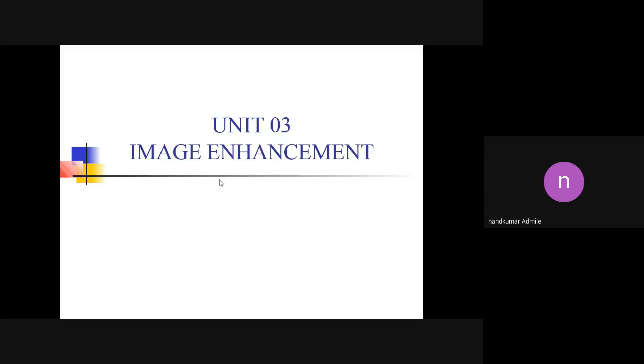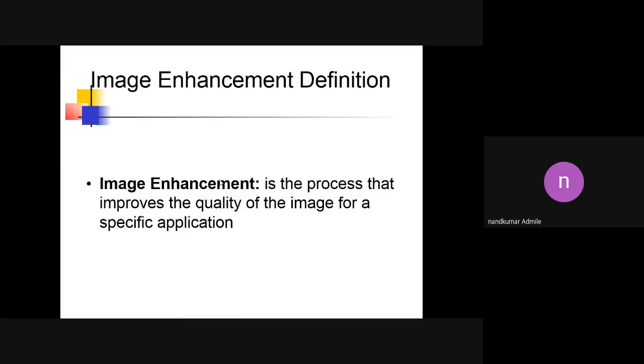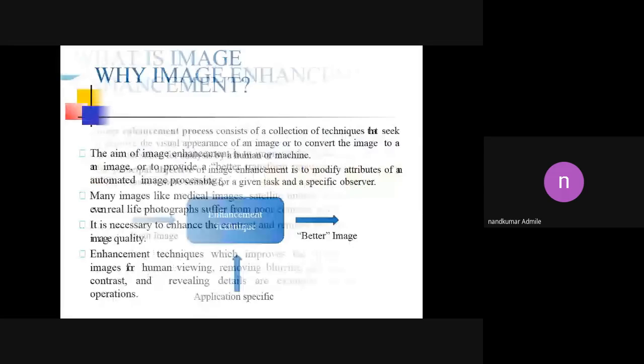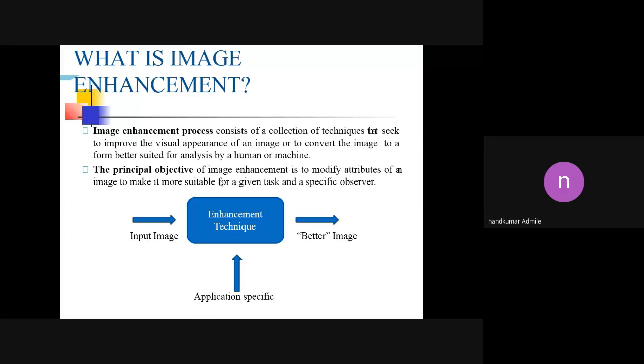Okay, as we have to study the different techniques of image enhancement, first we need to understand what image enhancement is. In simple language, image enhancement is nothing but improving the quality of the input image, and that can be used for specific applications.